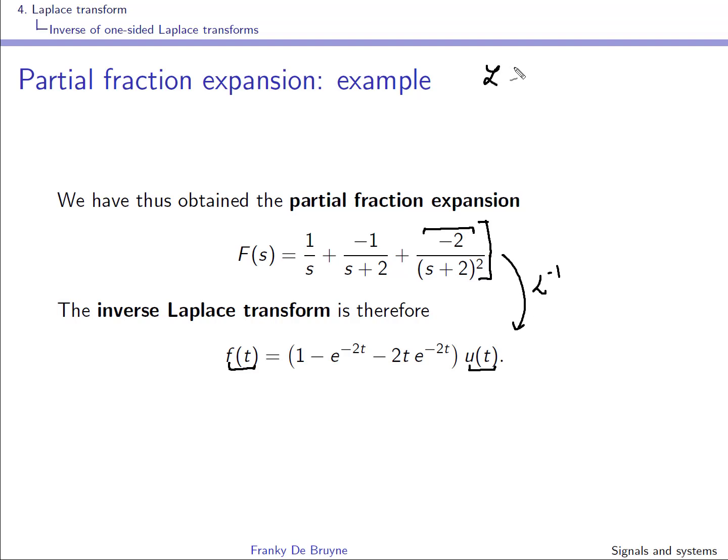If we remember, or if we can find, that the inverse Laplace transform of 1 over s squared is a ramp signal that we can write like this, then we can use the frequency shifting property to find the inverse Laplace transform of this one over here. It will be the ramp multiplied by an exponential, so we obtain t e to the minus 2t u of t, and we can plug it in here.